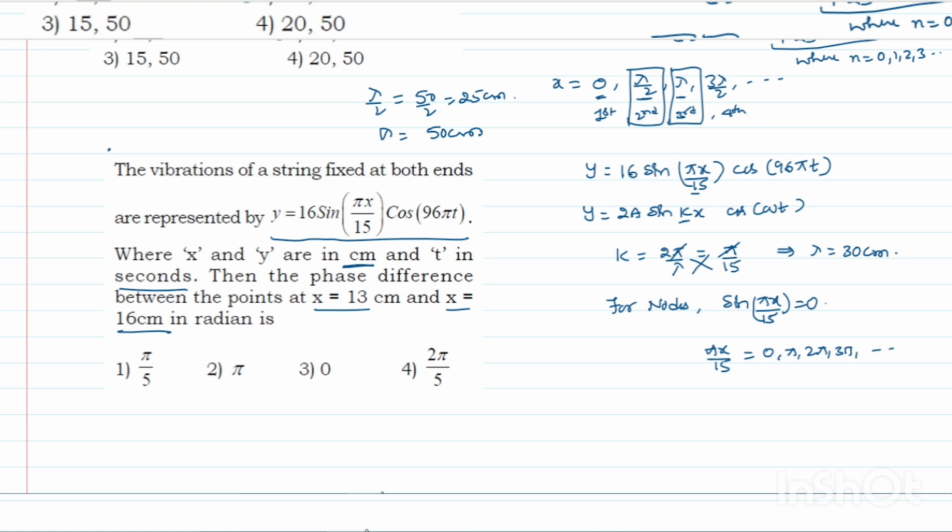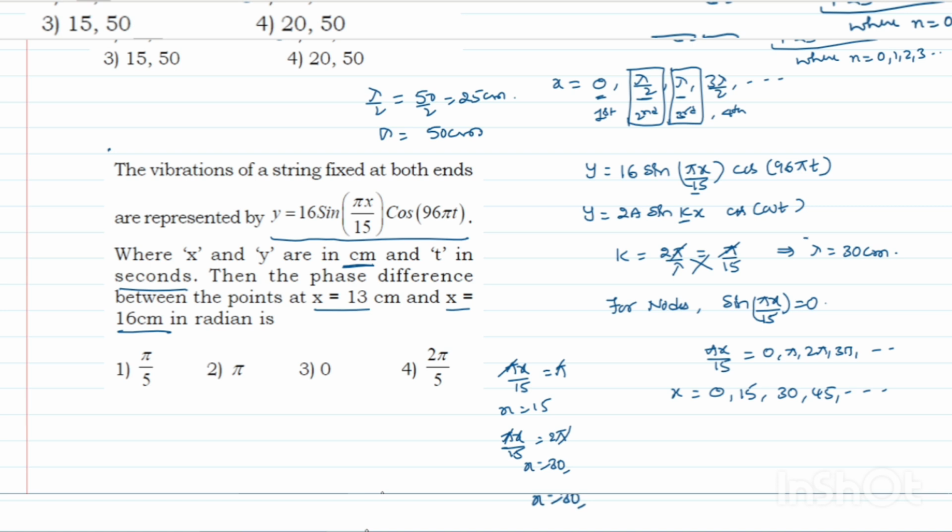That means when calculating x values for node points, initially we get 0. When pi x by 15 equals pi, the pi gets cancelled and x equals 15. In the next case, pi x by 15 equals 2 pi, the pi gets cancelled and x is 30. So the nodes are at 0, 15, 30, next 45 and so on.